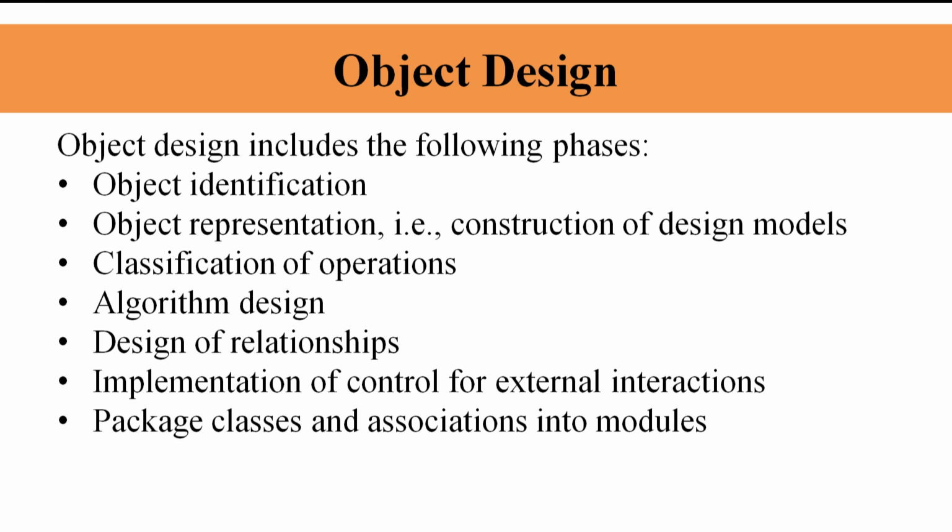And what additional packages, classes or associated modules we are using, which are already available to us from outside, or already available components that we are using in the system.